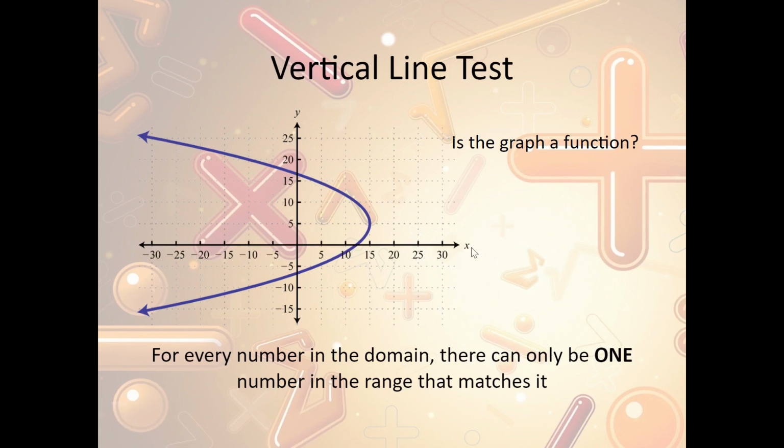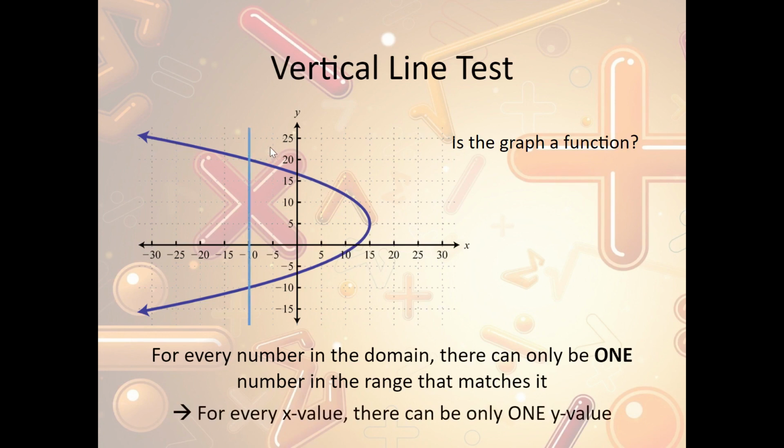Now the easy way to check this is what we call the vertical line test. I can draw a line anywhere on the graph, and if it touches the graph in two places, or more than one place, then it is not a function. So I can see here, I drew my line in and it touches there and there. So when x is -10, this is not a function.